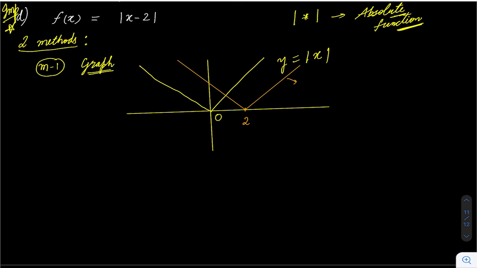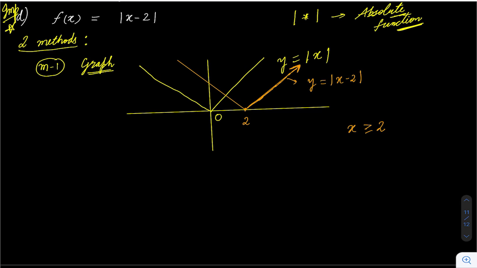So this graph is now y equals the absolute value of x minus 2, or you can say modulus of x minus 2. So in this graph, now you can easily see that when x is greater than or equal to 2, what's happening is, as you go on this right part of the graph, my x is increasing and my y is also increasing, right?